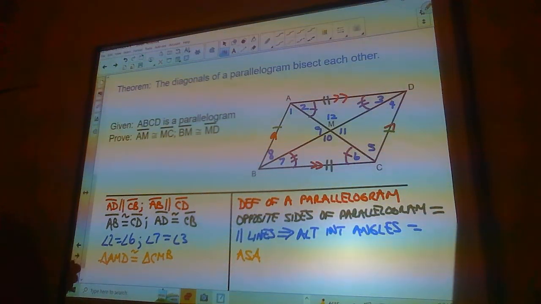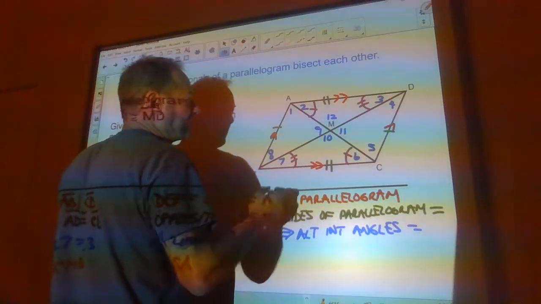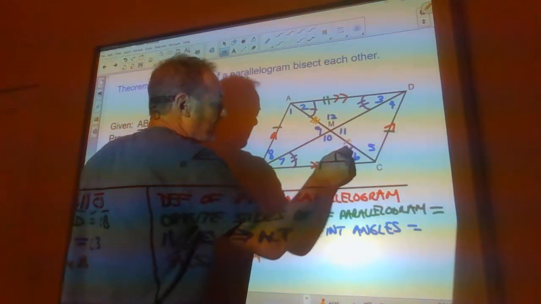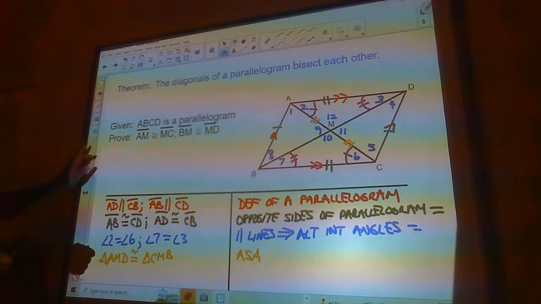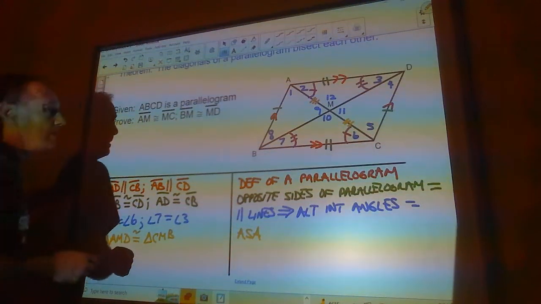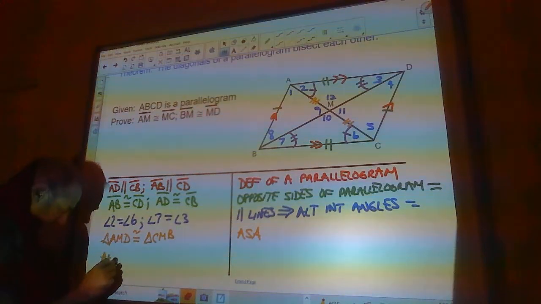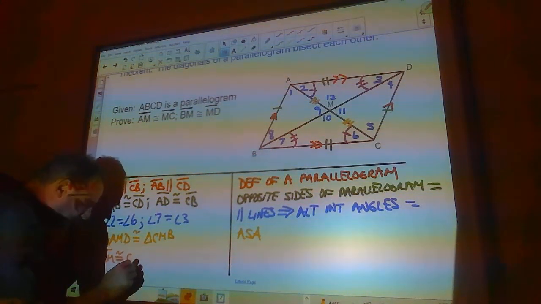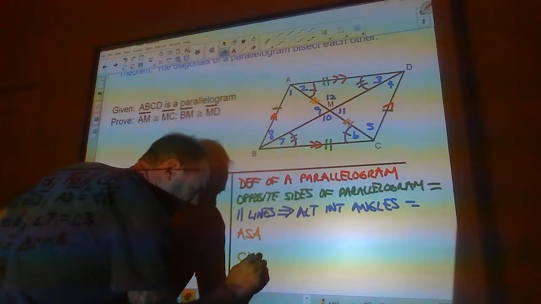Now if those are congruent, that means all their parts are congruent. So that tells me that these two corresponding sides must be equal. So I can say that AM is congruent to CM, by CPCTC.